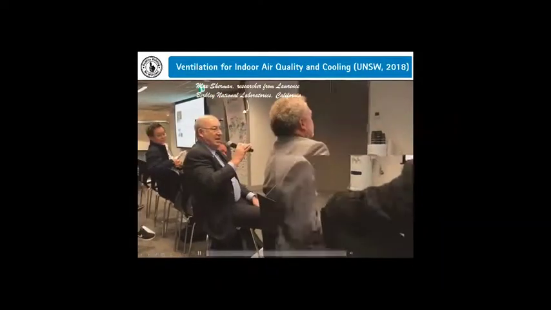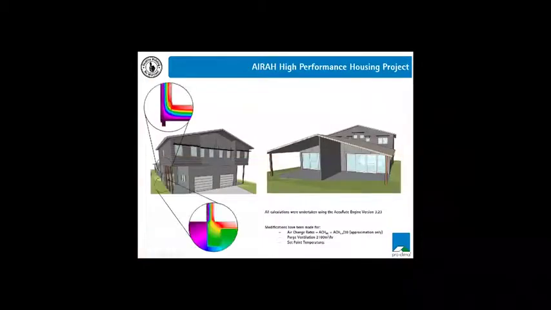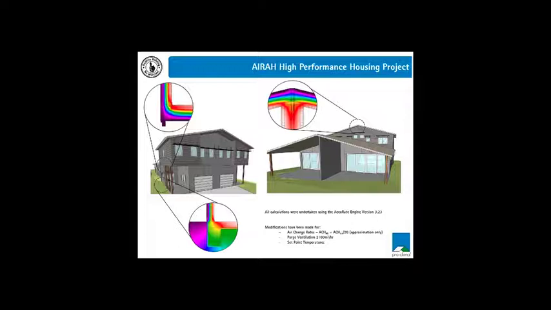So basically taking these international learnings and applying them in the Australian context, the ERA Special Technical Group for Building Physics, or Australian Institute of Refrigeration and Heating, developed a project around high performance housing.